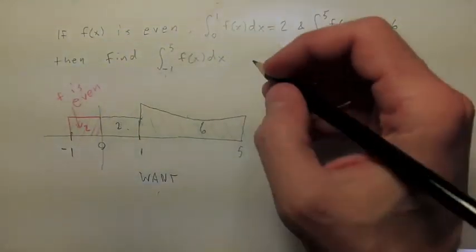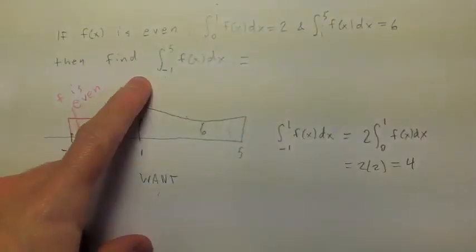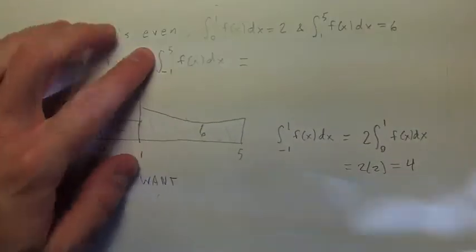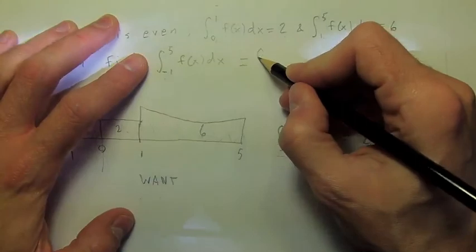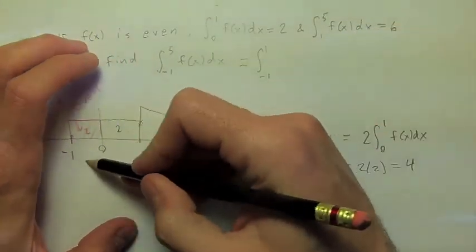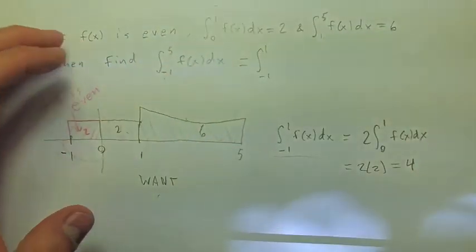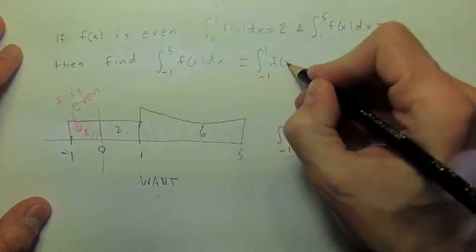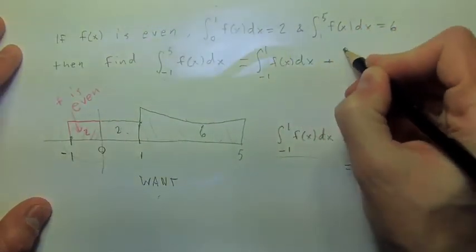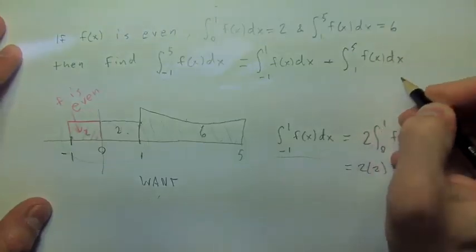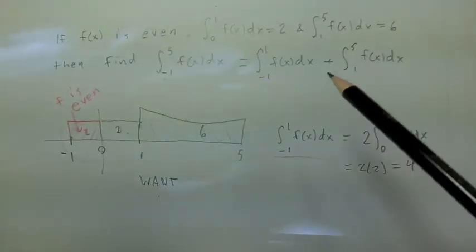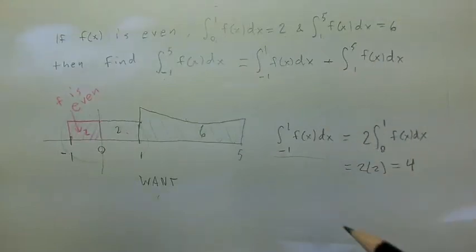So anyway, then I'm going to use the split up property, that -1 to 5. I can write with the other two pieces I have. I have -1 to 1 of f of x dx, plus 1 to 5 of f of x dx. And this is what's really important, splitting that up.